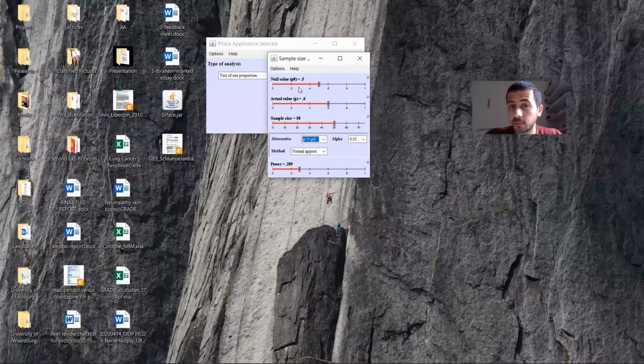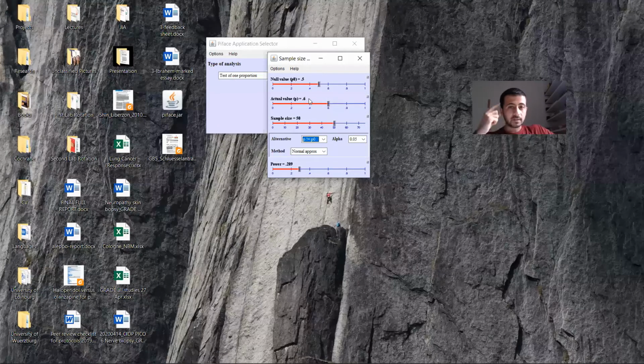What is the null value? What do you expect the null value to be? It is the one at home. The one I'm not gathering. Okay, it is like 50%. What is the actual value? The actual value, I went to the streets and I received it.